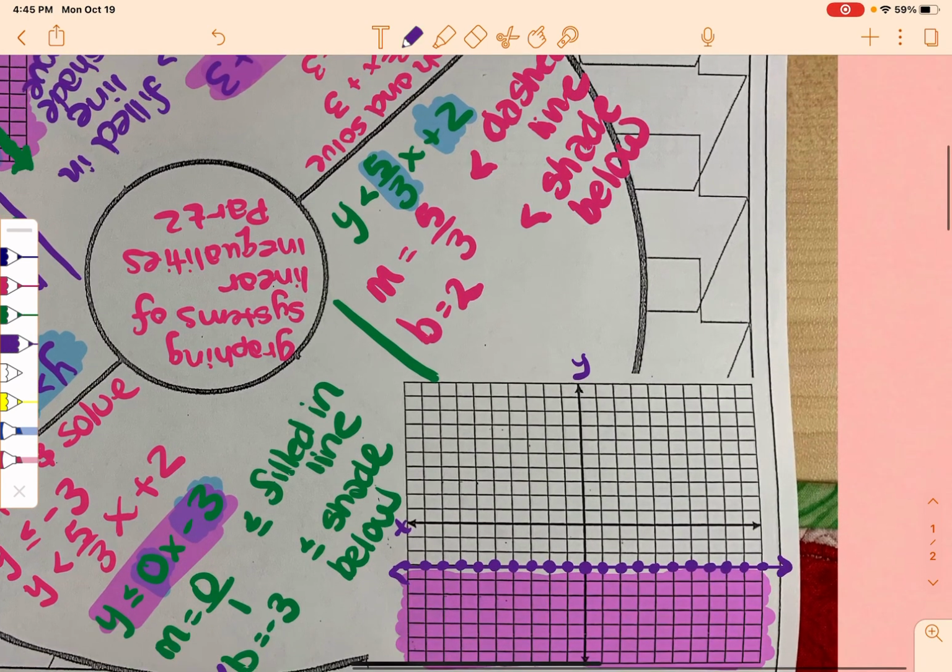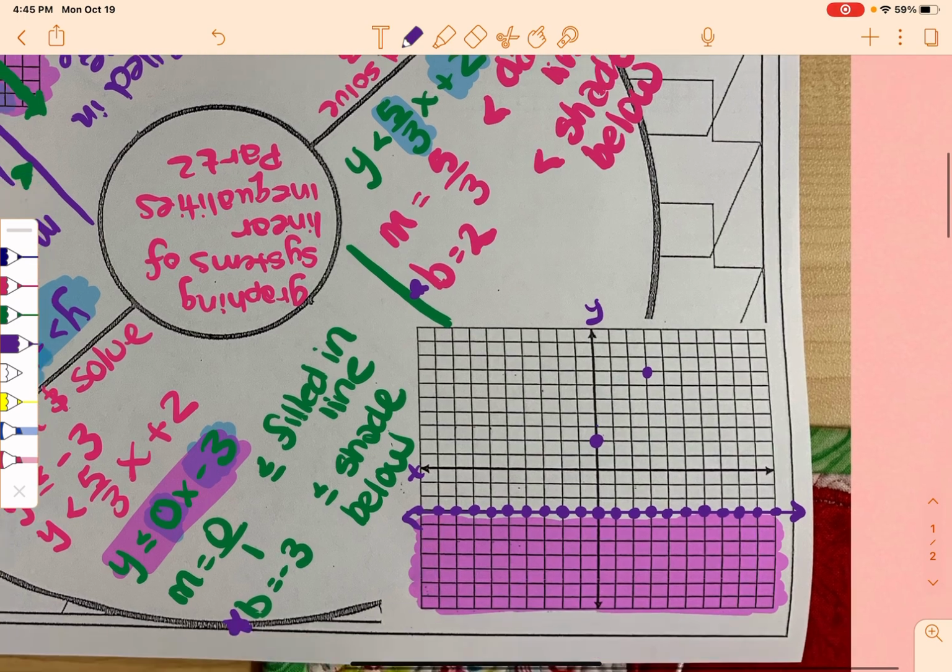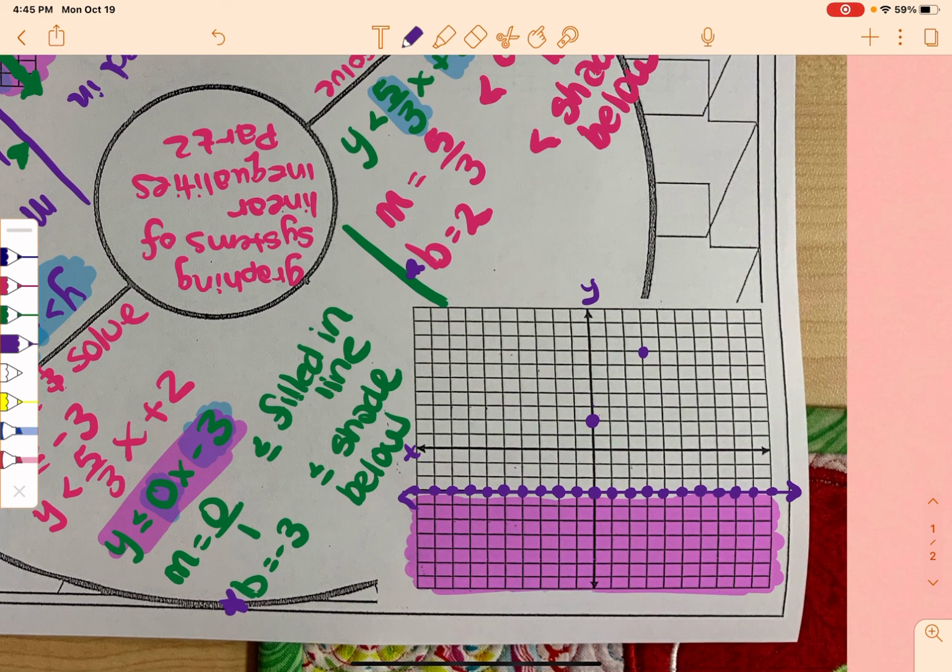Okay, now I'm going to use this stuff from the other one. So I start at +2. My slope is 5/3, so I go up 5/3. So I can only do one going forward. So now I'm going to have to go back. So down 5/3.